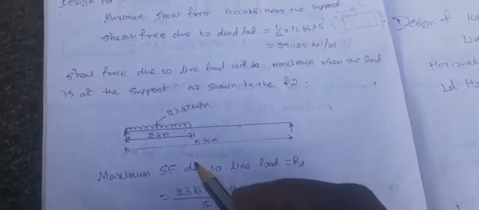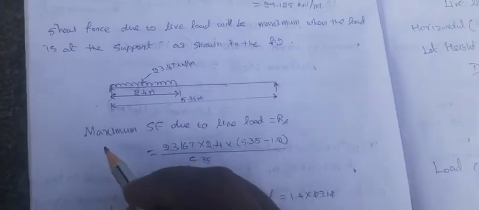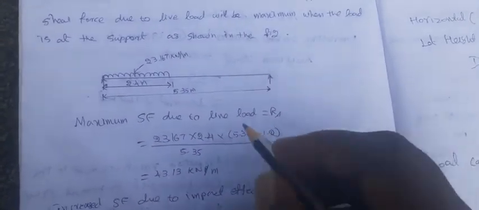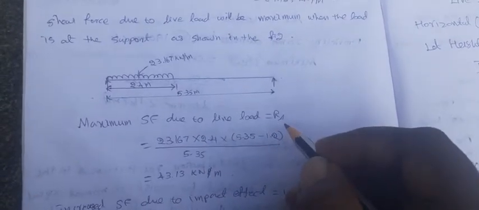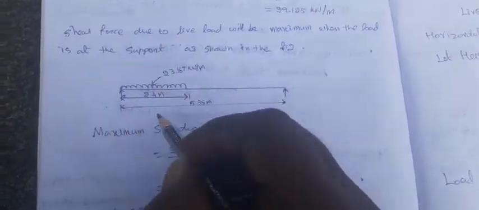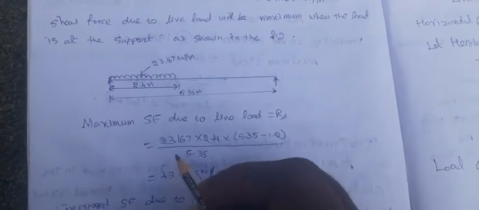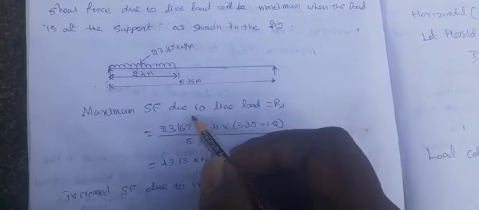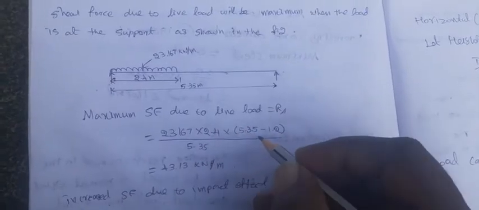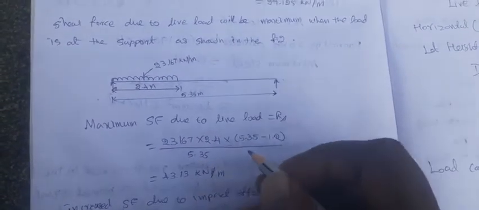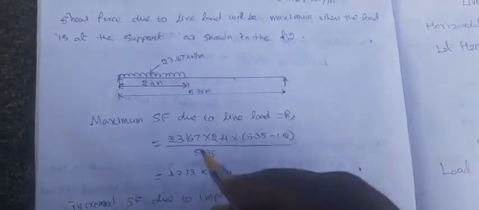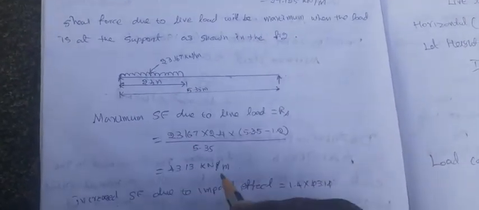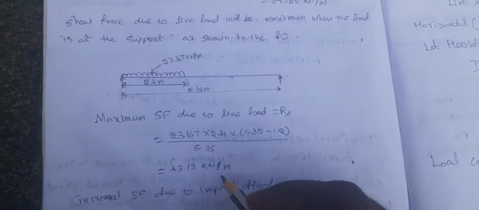So from this diagram, the maximum shear force due to live load, RA. By this formula we find the shear force value: 23.167 into length 2.4 meters, so total magnitude, into 5.35 minus 1.2, divided by 5.35. By this calculation we find the load per meter length.